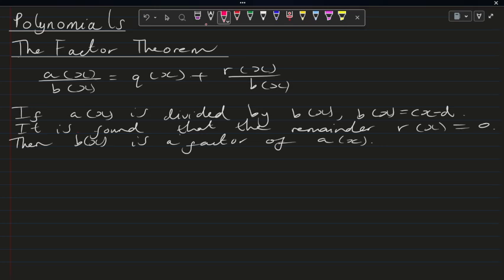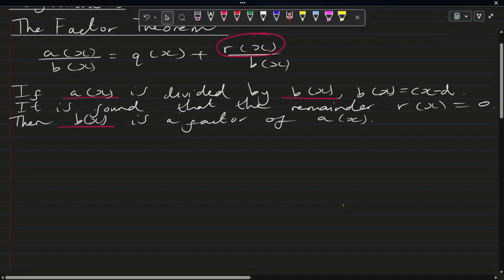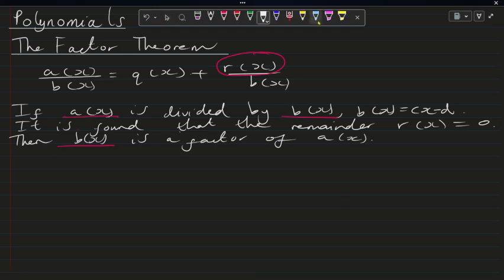So basically what we are saying is that if we take a polynomial or an algebraic expression a of x, and then we divide it by another algebraic expression b of x, and then we find out that the remainder is equal to 0, or that the division produces no remainder, then we conclude that the expression b of x is a factor of a of x. Now, let's talk about this idea of a factor for a moment.